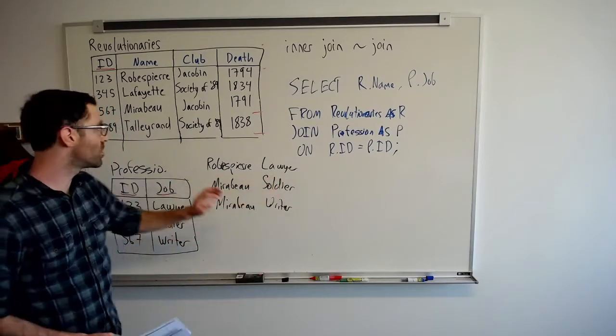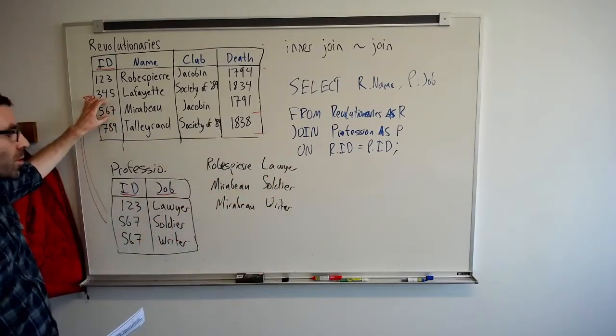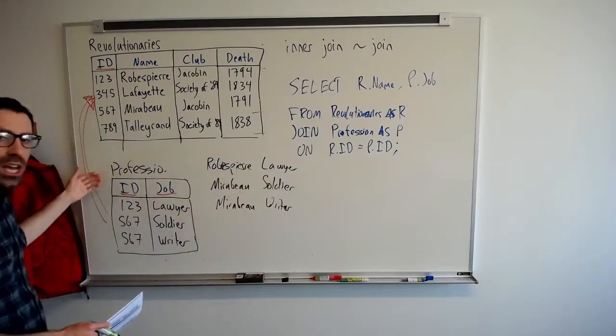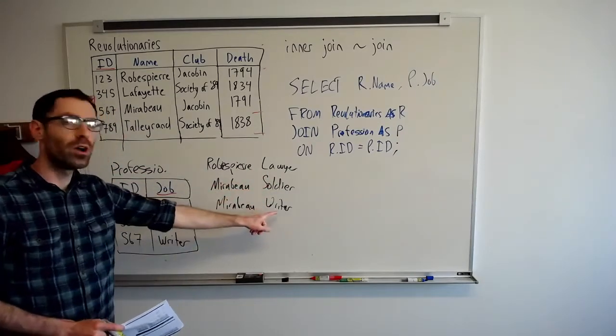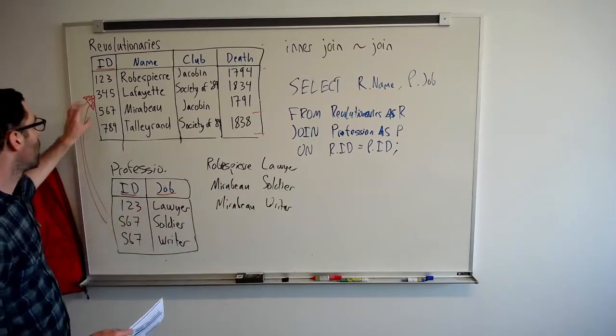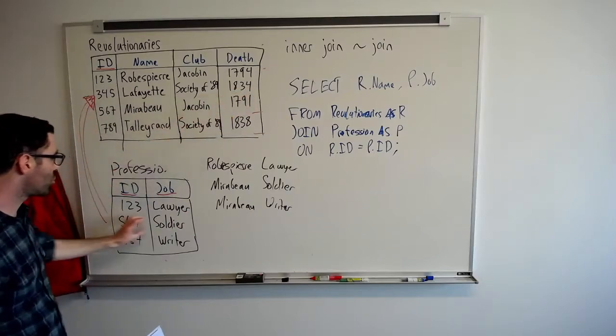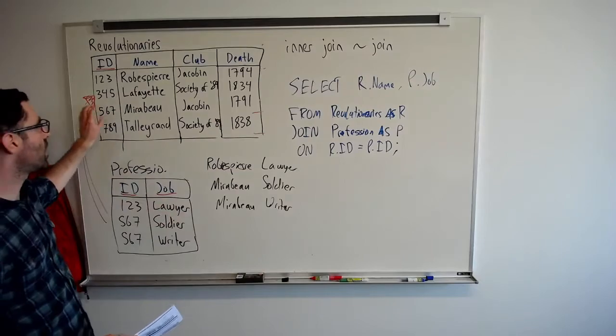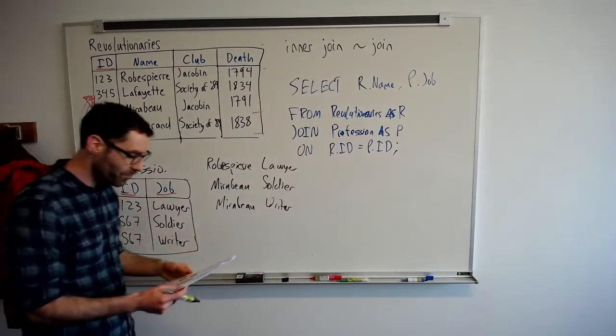And for that reason, Mirabeau's ID matched two tuples in the profession table, and so we get two tuples in the output, for when Mirabeau's tuple in revolutionaries was joined with the first tuple in profession, and then it was joined with the second tuple.